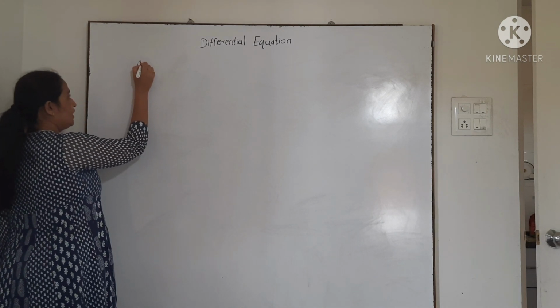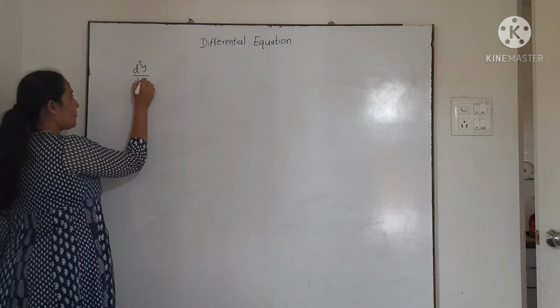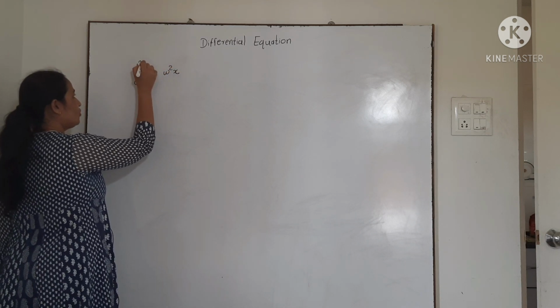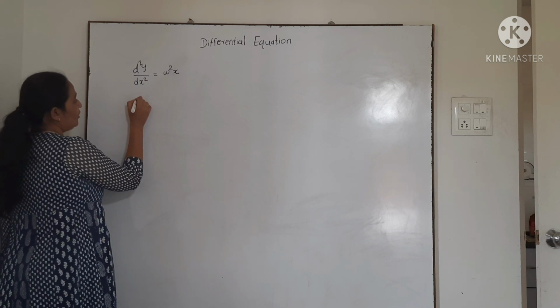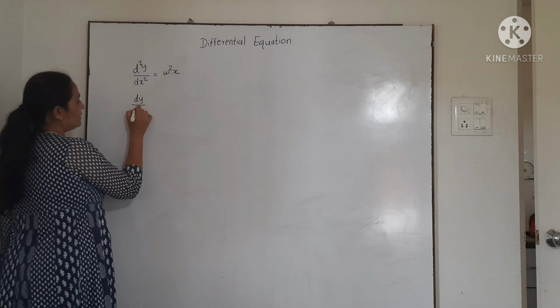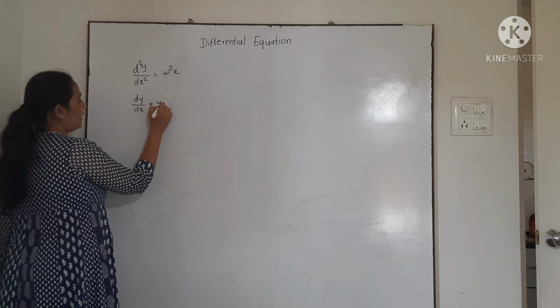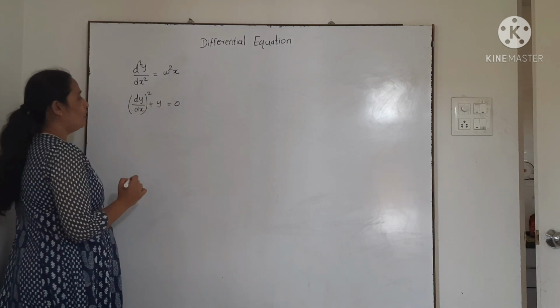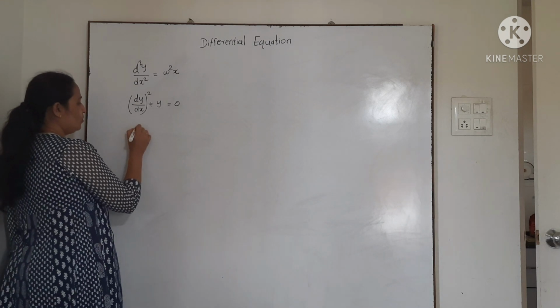I can say d2y by dx square equal to minus omega square x, that is the equation of SHM. Then you can say dy by dx plus y equal to 0. I can say (dy by dx) whole square plus y equal to 0.